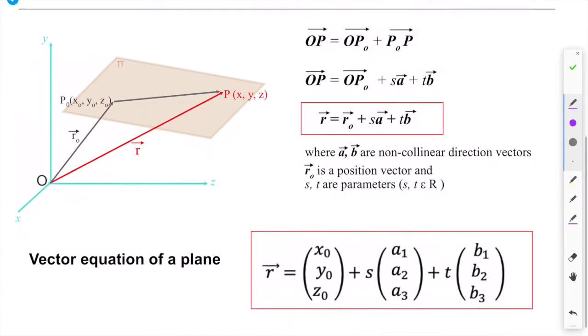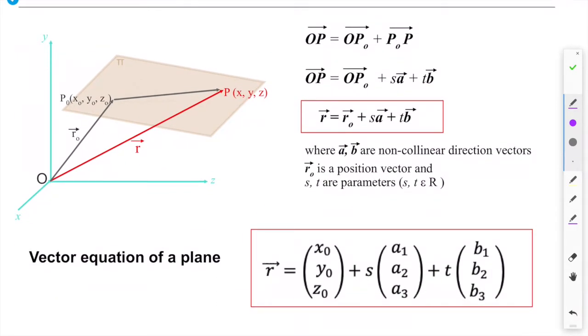Okay, so let's start by taking a look at what the vector equation of a plane looks like. Similar to the development of the vector equation of a line, we can make use of a diagram in the XYZ space, 3D space.